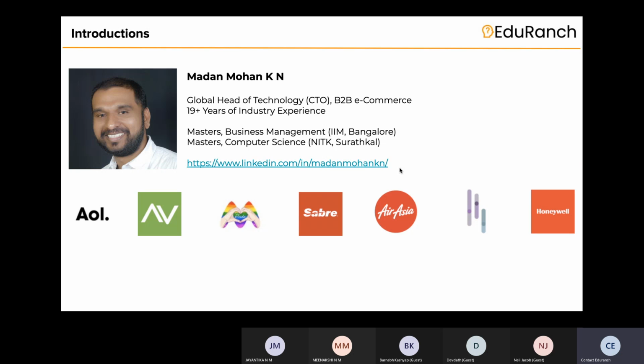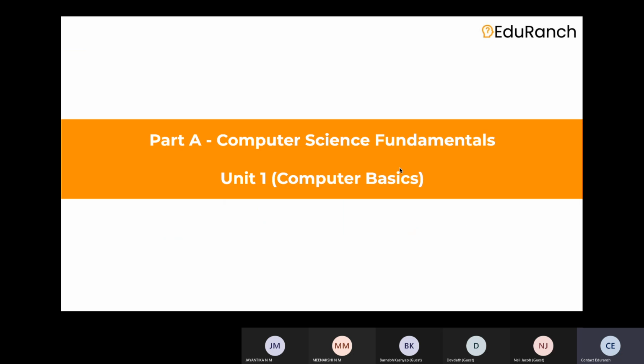The reason I'm sharing this is that if you learn the basics very well, you could grow to different stages in the computer science field, where I'm currently leading hundreds of software engineers and thousands of applications and programs or computers across the globe for multiple organizations. So it's good that we understand the basics and then get into the deep programming aspects of it.